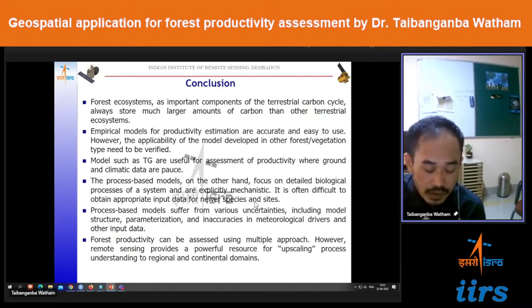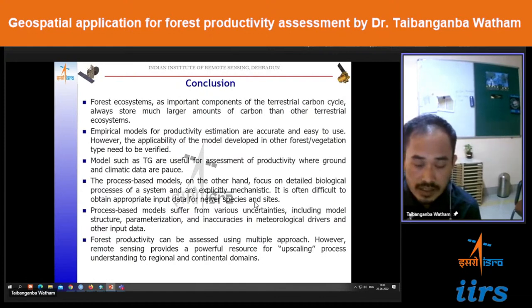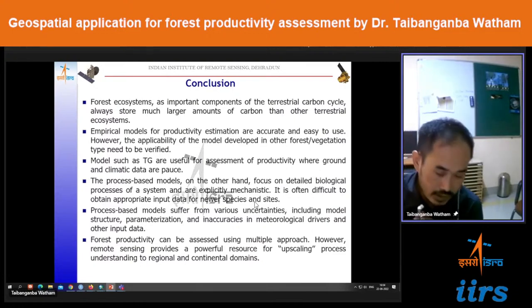We don't need ground measurement for the assessment of the vegetation productivity. Once we have parameterized the M value for a particular vegetation type or forest type, then for every year or any other time, we can always assess how much forest productivity has taken place over that time based on the satellite data only.